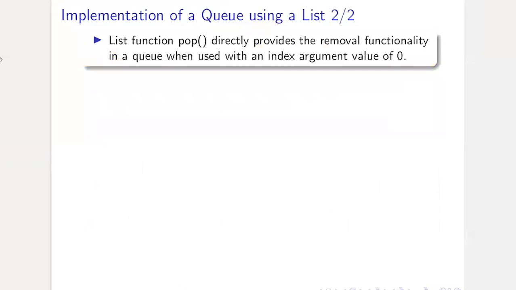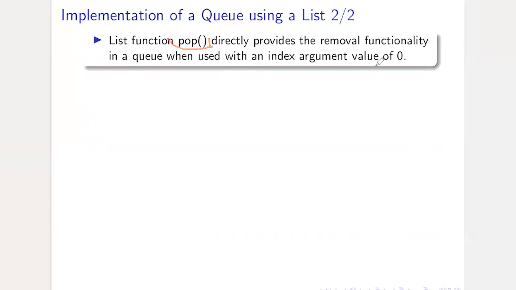And we can use the pop function, but of course here we will have to pass the argument 0 to say pop not from the tail, because if you don't give an argument, Python will pop from the tail.